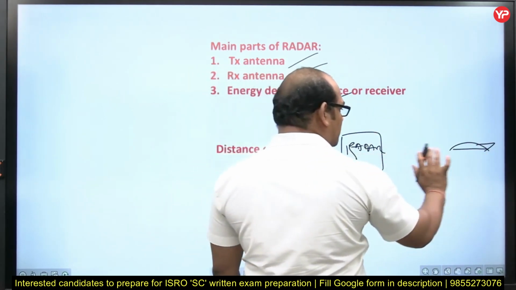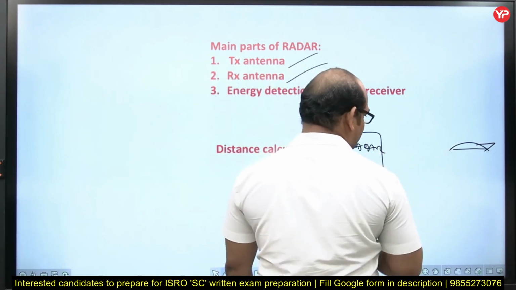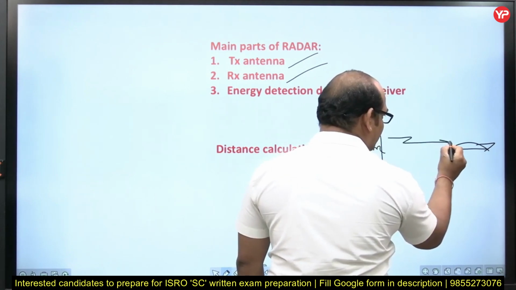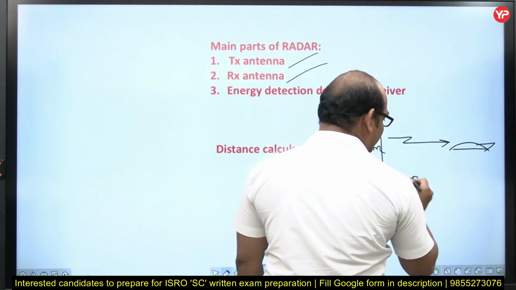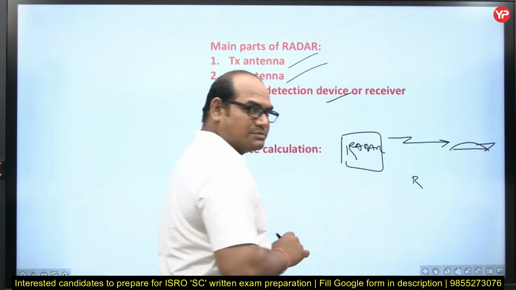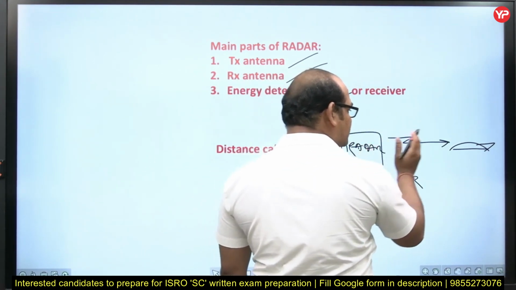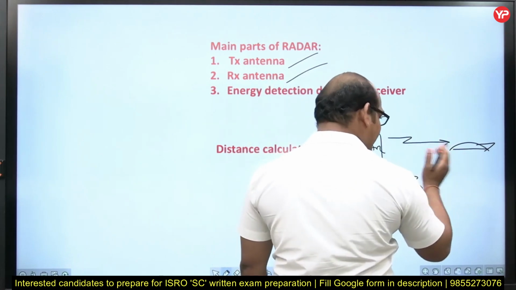It is sending a pulse train, that means electromagnetic waves. The electromagnetic wave travels the distance r. For example, the distance between the radar and the target is r, and the wave reaches the target.